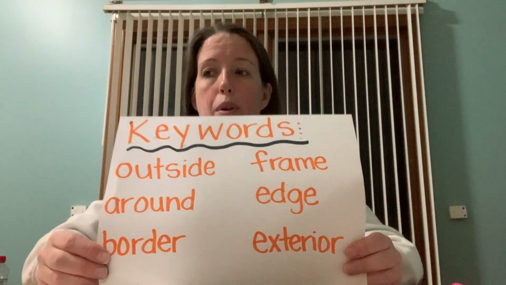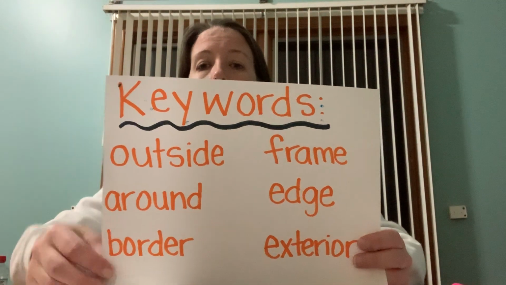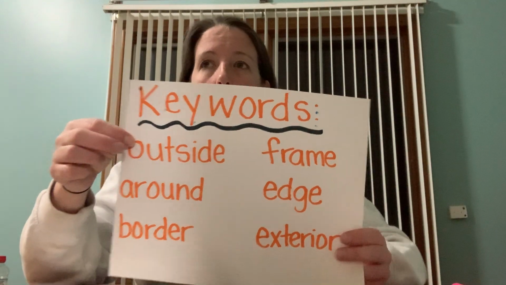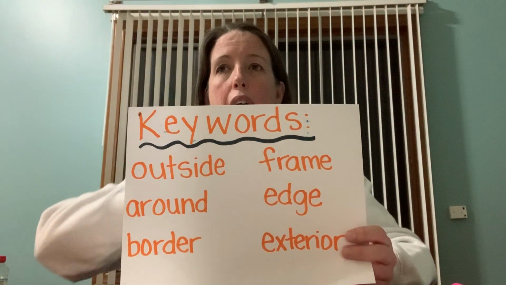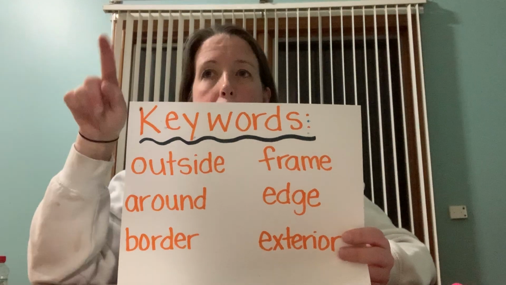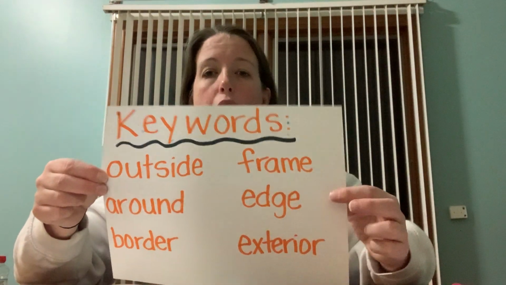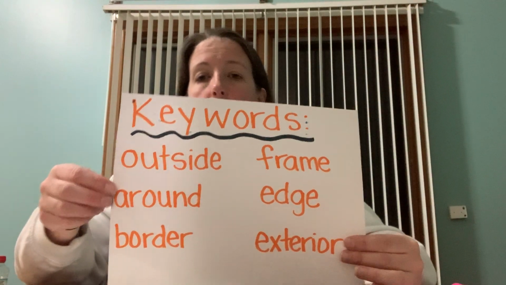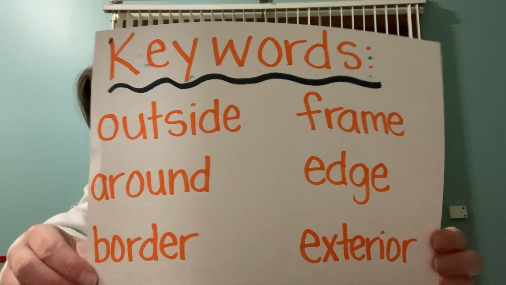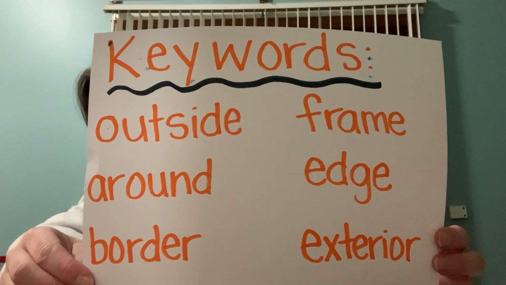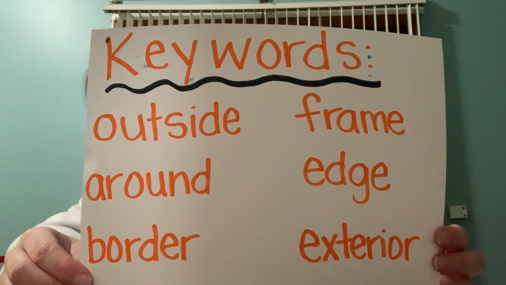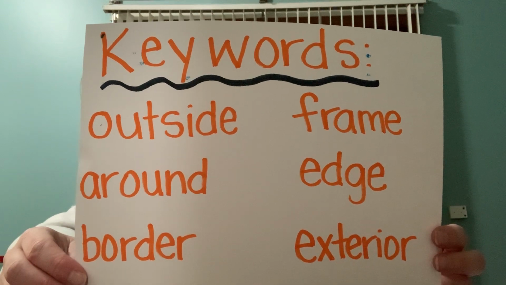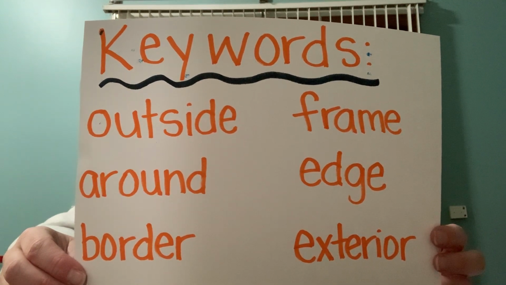So there are going to be some keywords that are going to let us know that it's probably a perimeter question. If you see words like outside of a figure, or around a figure, or the border of a shape, or something needs a frame, or an edge, or an exterior, all of these words are key words to let you know that it is dealing with the measurement of the outside of a figure, which would be perimeter.